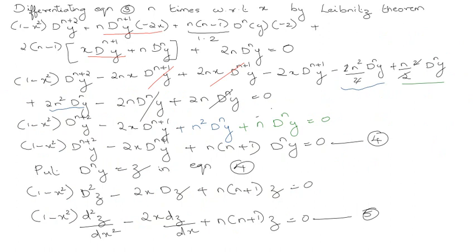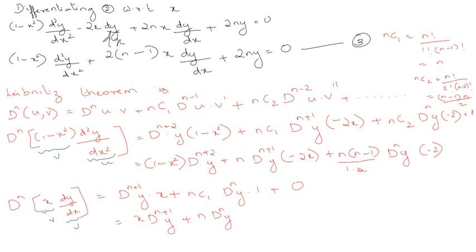Okay, differentiating this equation n times, instead of 1 minus x square d square y by dx square, we can write this term. And differentiating this equation n times, instead of x dy by dx, we can write this term, and differentiating this term n times, instead of y we can write dn y.